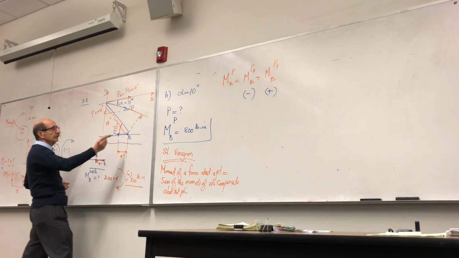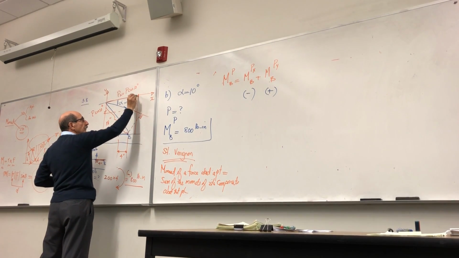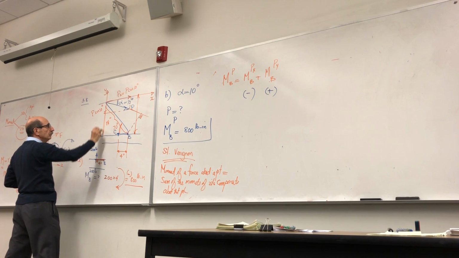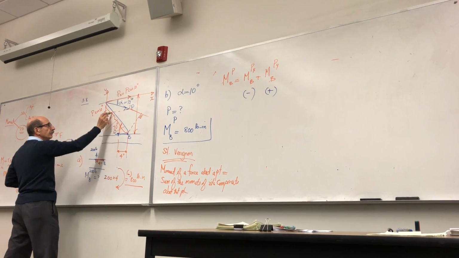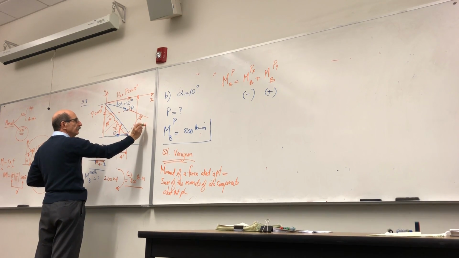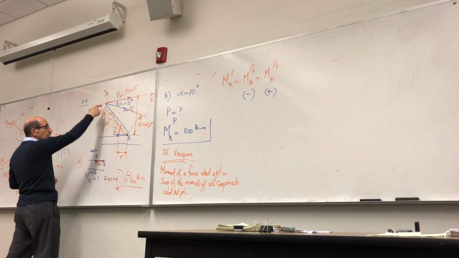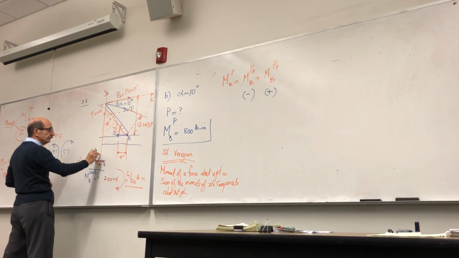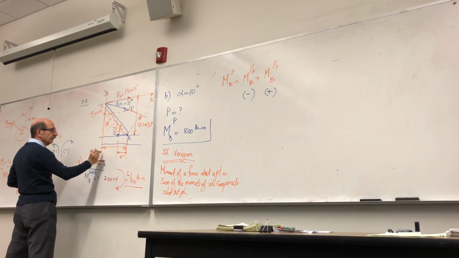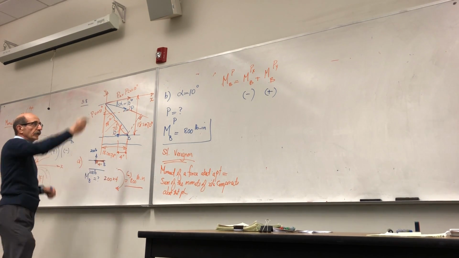How do you find out these two values? You do have the distance from B to Px. In this triangle, that is 18 sine of 70. And you do have the distance from here to this. In that triangle, that's 18 cosine of 70. So you just write those down.